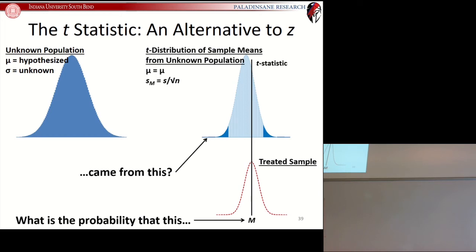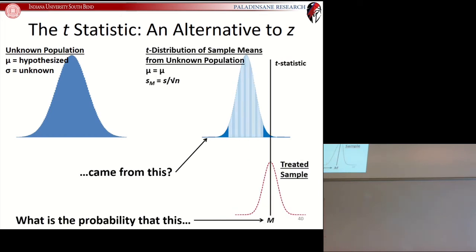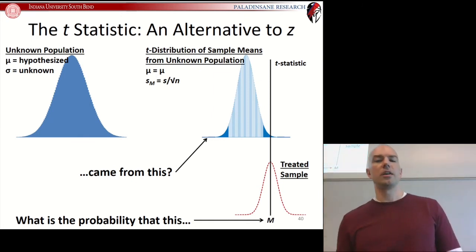However, if our treated sample mean is located in the tails, that means that it's highly unlikely that our sample came from this population, because look, it would only come from that population if it came from those tails. That means that it's highly unlikely to be a part of this population over here. That means that our treatment has fundamentally changed our sample.